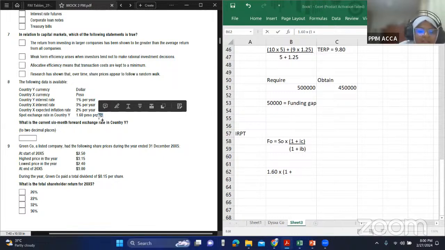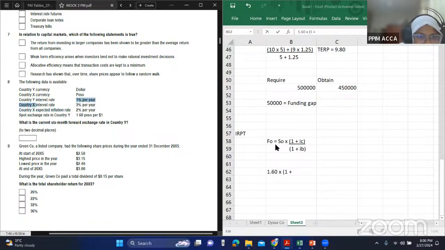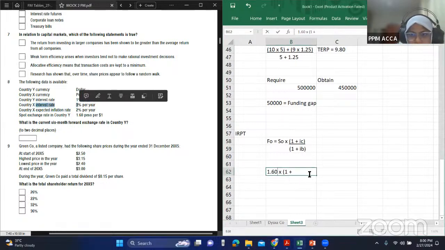For $1, we are giving the peso exchange rate. So if we want the interest rate of the counter currency, you should get the interest rate of the country where they are using pesos. The country that's using peso is country X. So country X's interest rate is 3% per year. So 1 plus 3%. This is an annual figure. We need a 6-month rate. So into 6/12.